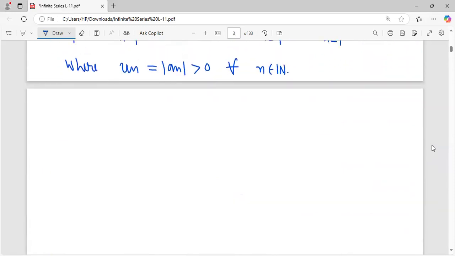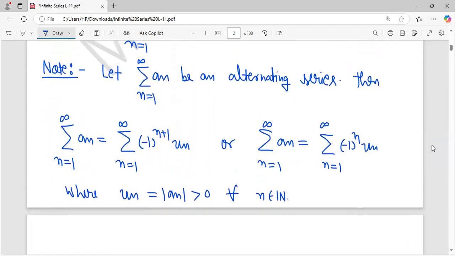So that is why I have written this. Alternating series, either first term will be positive or maybe it can be negative. If first term is positive, we can write like that. If first term is negative, we can write like that.